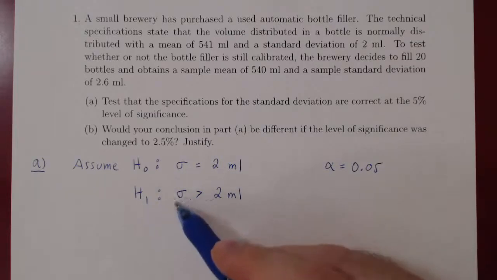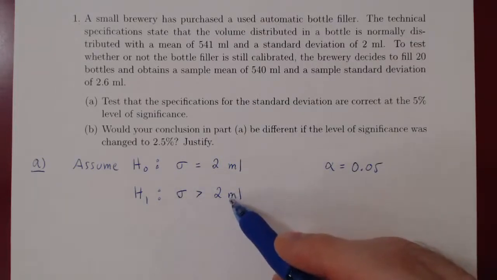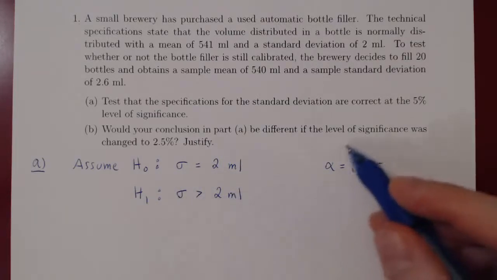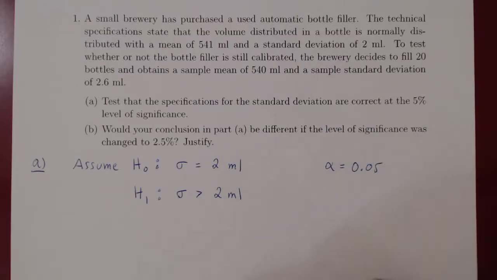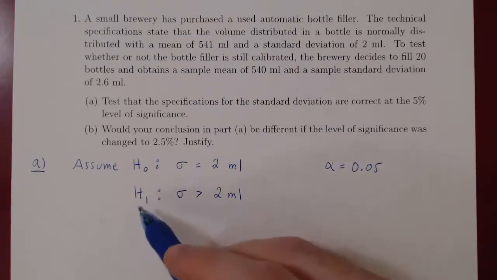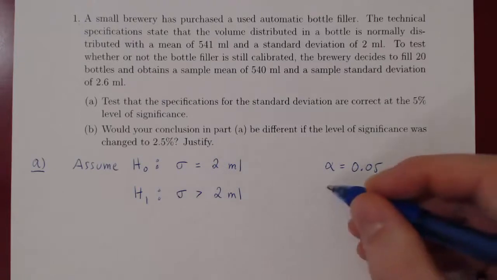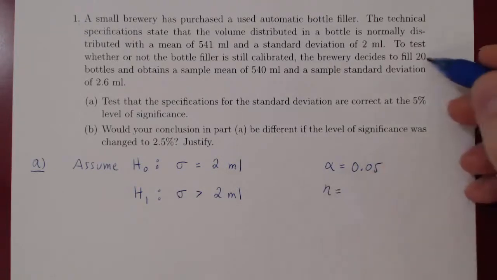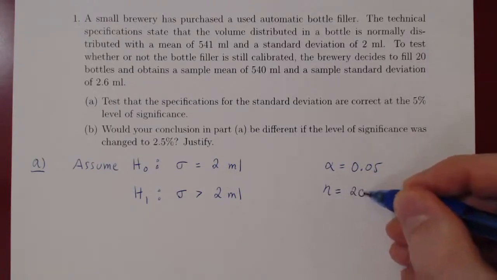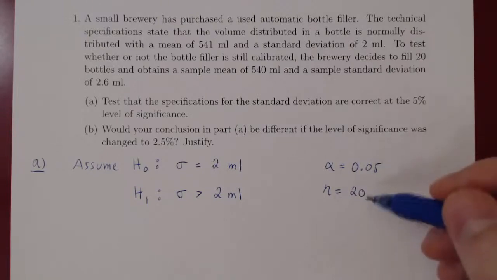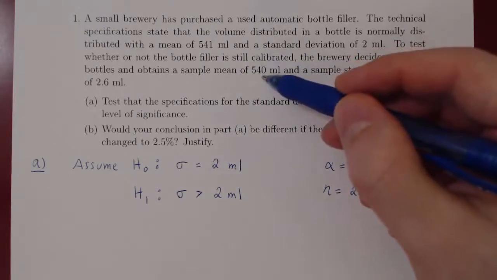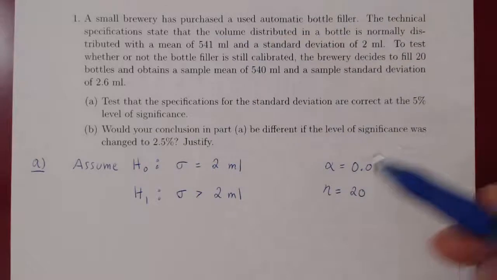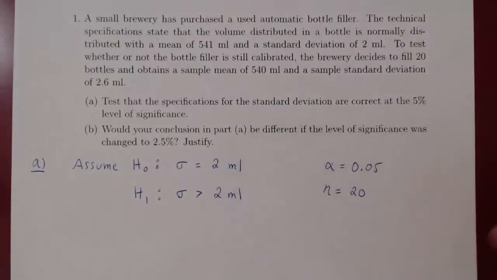Since H1 is sigma is greater than 2, we will be rejecting the 5% greater values of our distribution. And one other thing is n, our sample size, is 20. We have sampled 20 bottles. We don't need to write down x bar and mu because we're testing for the standard deviation, so we don't care about mu and x bar for now. This will be in our next video.